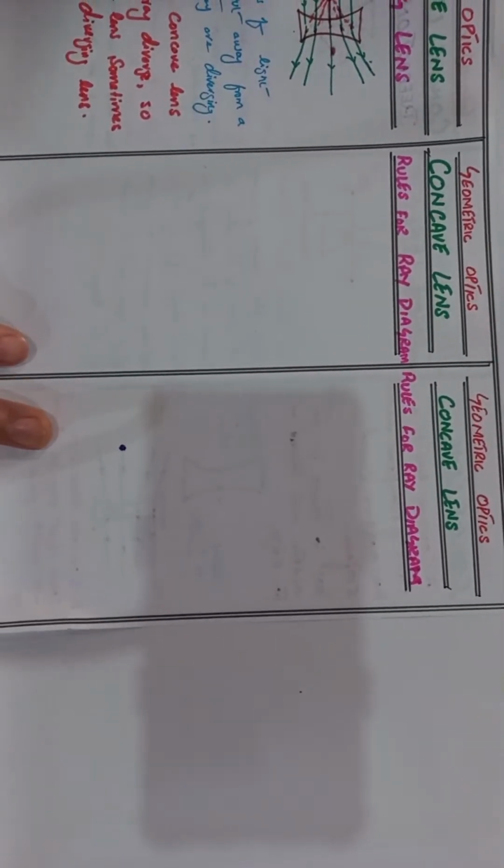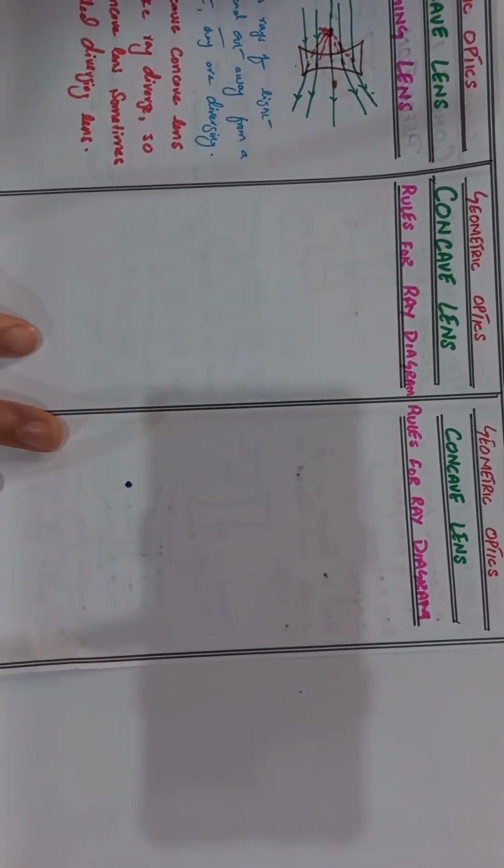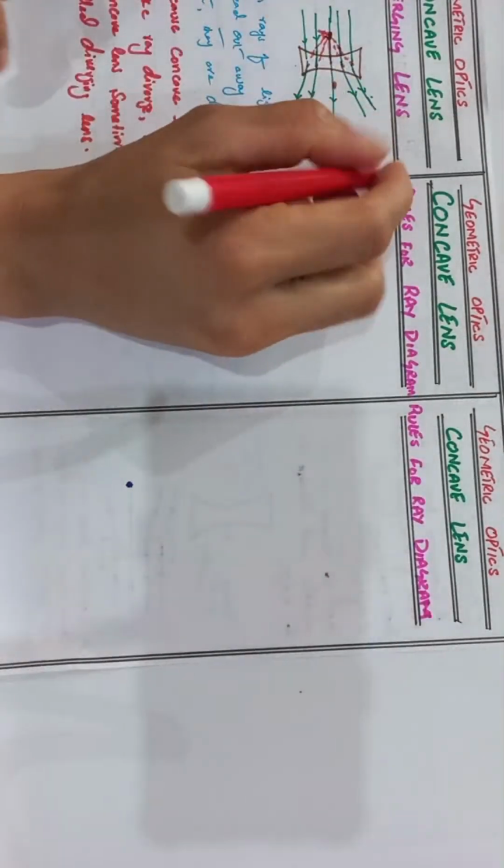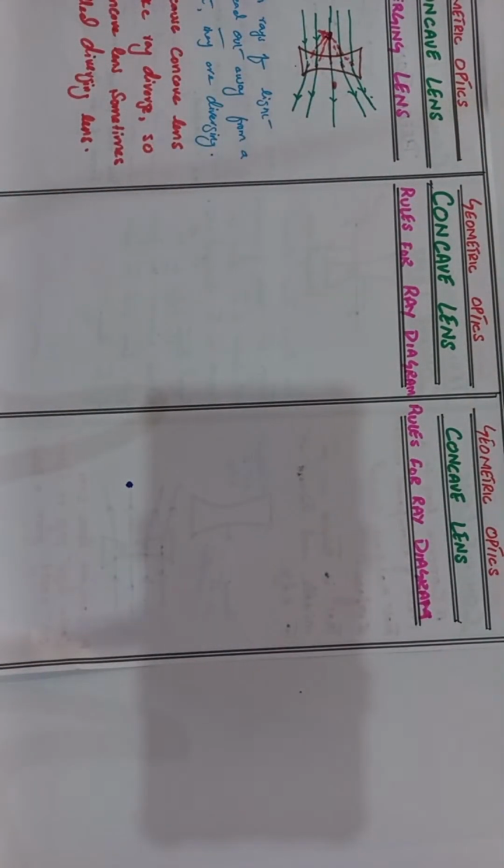That is called the rules of the lens. Okay, first we discuss rule 1.